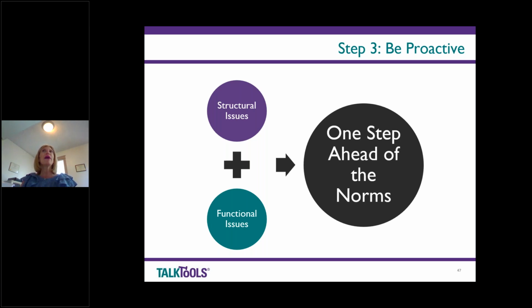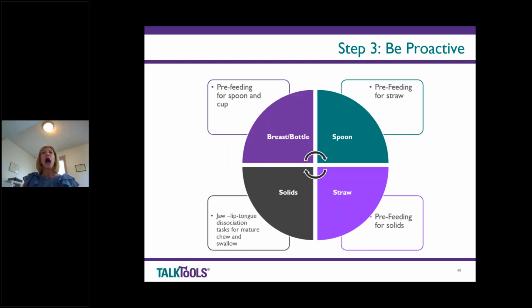But this is a very common concept with special needs children. If we know that a particular diagnosis is going to potentially lead to possible problems, we try to be one step ahead of the norm. And if we see a baby or a toddler with functional issues and structural issues, we should try to be one step ahead of the norm as well.